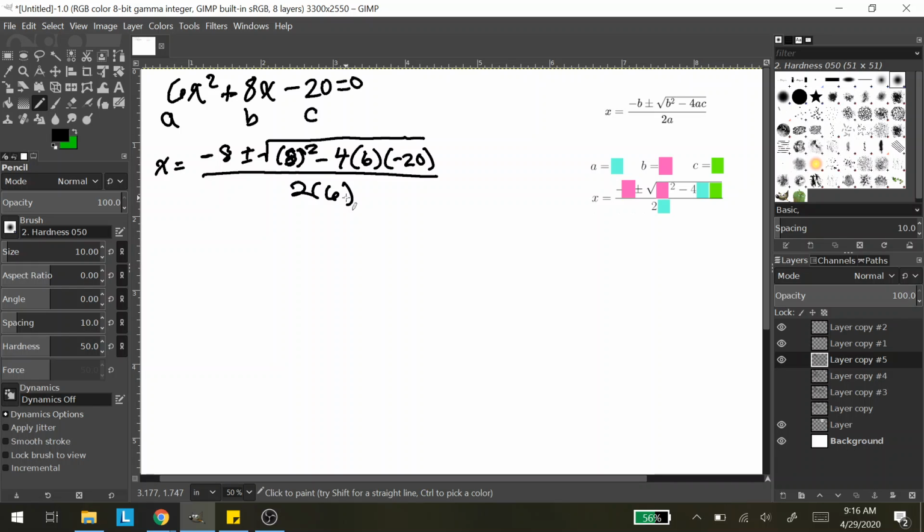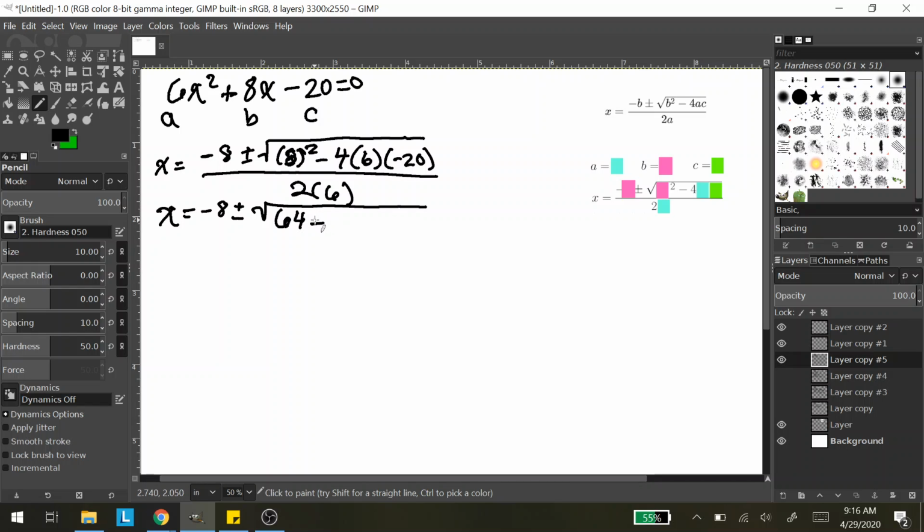So let's break it down. This first term is pretty much always just going to come down until we can simplify the square root. 8 squared is 64. 4 times 6 times 20.